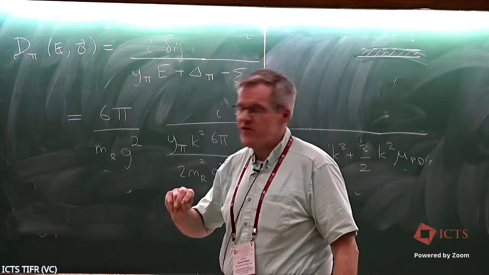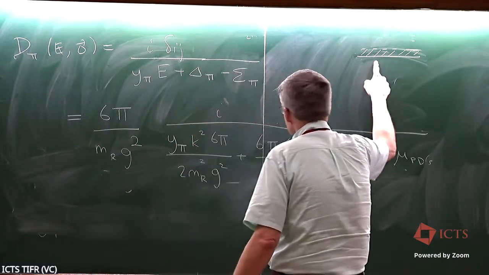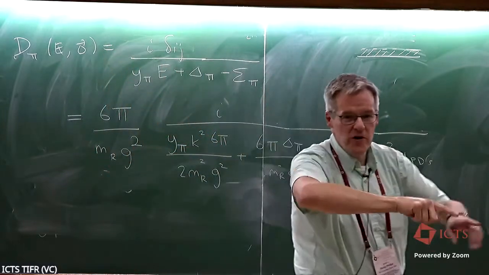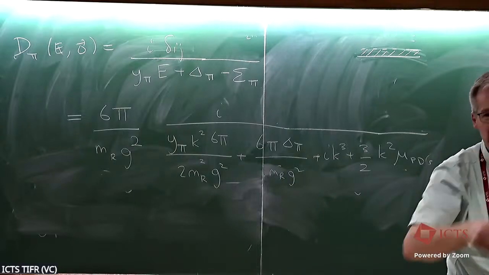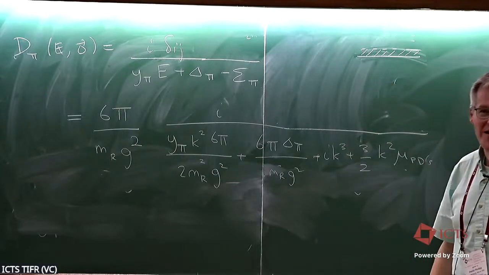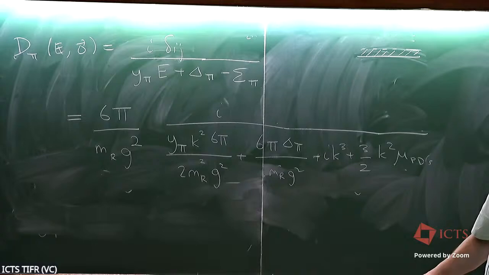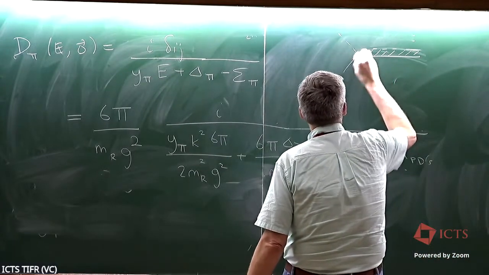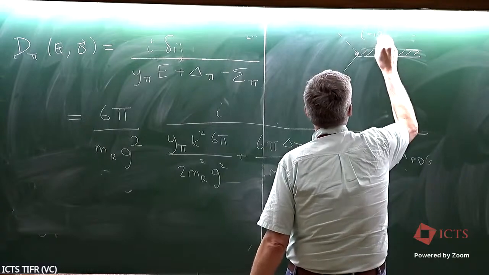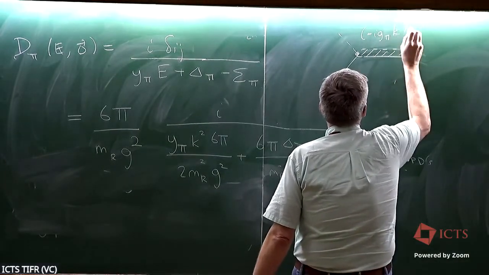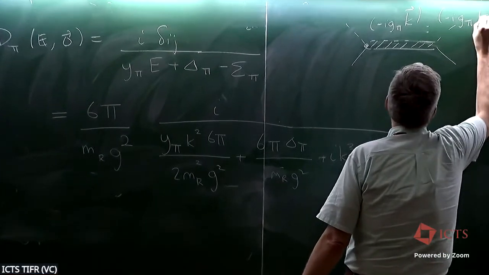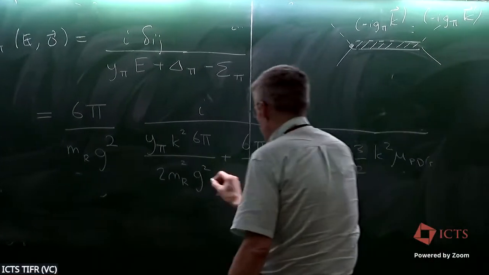So if I want the scattering amplitude, I need to turn this into something that tells me how a neutron and a core come in and go out. So what do I need to attach here? Vertices on the front and the back, right? So this vertex is going to give me the incoming momentum, and this vertex is going to give me the outgoing momentum. I should have put a pi here.